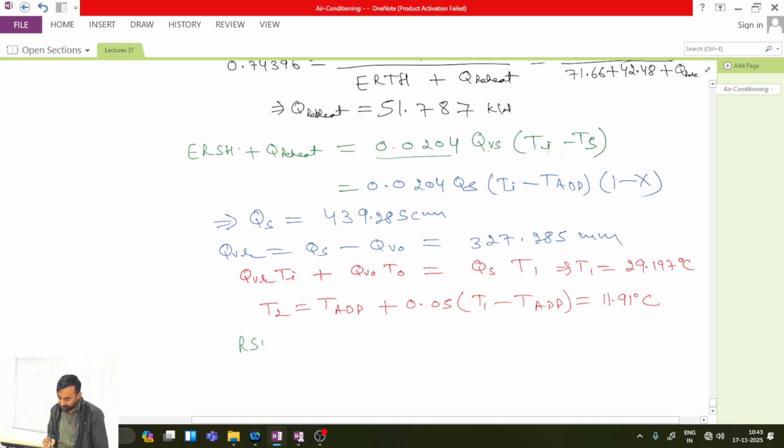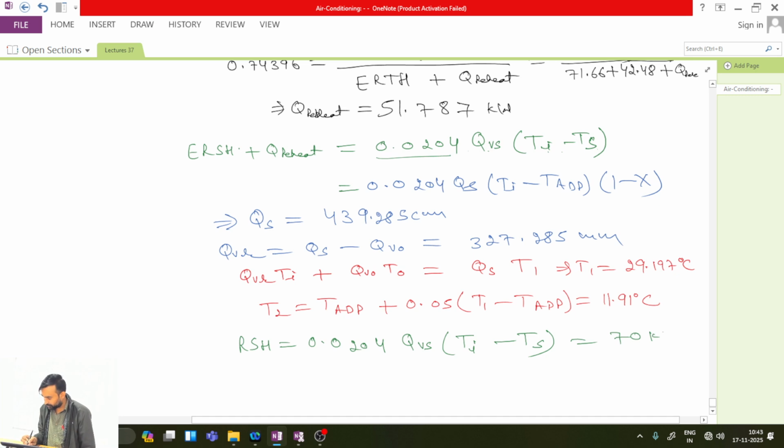RSH will be nothing but equal to, what will be RSH? 0.0204 QVS into Ti minus Ts, and that will be equal to 70 kilowatt.